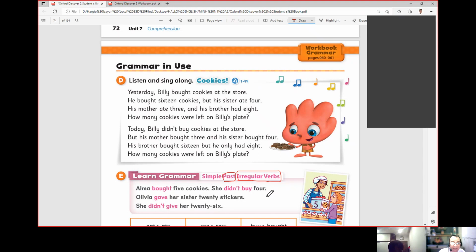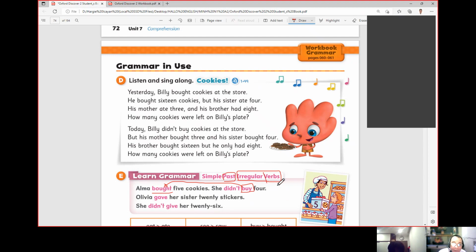Like for example, the word buy. The word buy is in the present tense. If we are going to form the simple past form of the word buy, it becomes bought. Did you understand, Min? Okay.